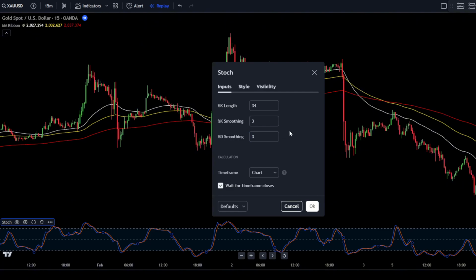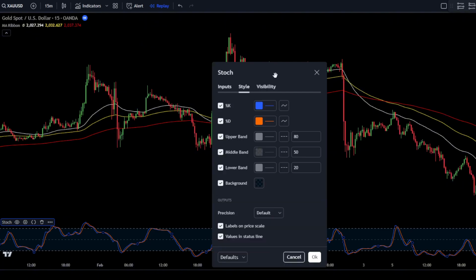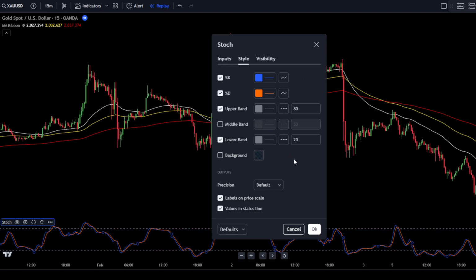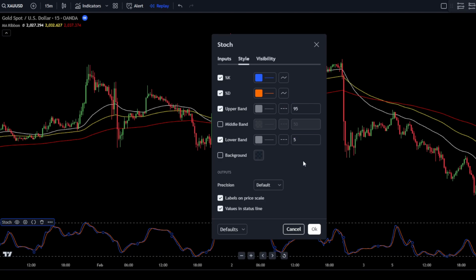Now, you can go to the Style tab. In the Style tab, uncheck the boxes for the middle band and background. After that, set the upper band level to 95. Then, set the lower band level to 5. Once you're done, just click OK to confirm the changes.